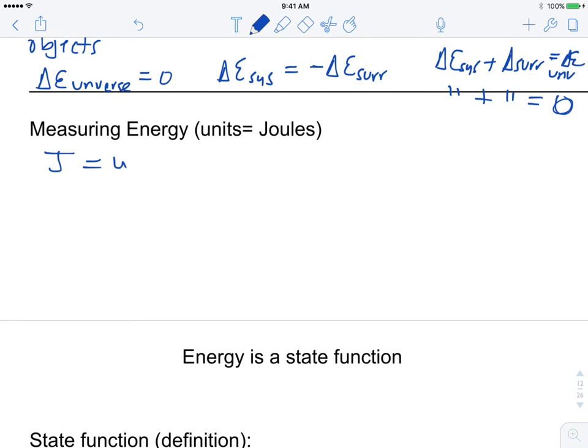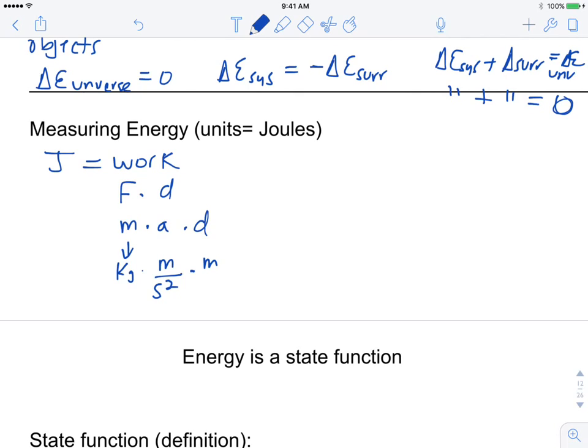the amount of work that is done, and it could be heat as well. But if we look at the units of work, we have a force times a distance. And if we break down a force, we have a mass times an acceleration times a distance. And if we start plugging in units, we would have kilograms times meters over seconds squared times a new distance, meters.